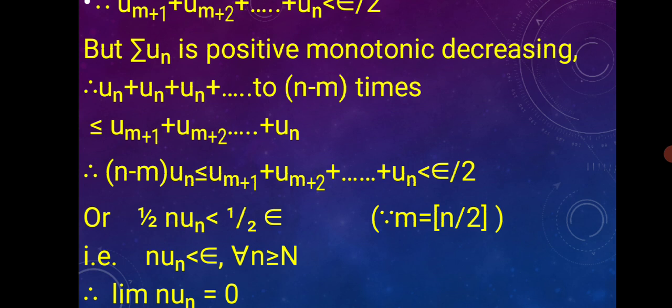Therefore, (n minus m) un is less than or equal to u(m+1) plus u(m+2) plus ... plus un, which is less than epsilon by 2, or 1 by 2 n un is less than 1 by 2 epsilon. Therefore, n un is less than epsilon for every n greater than or equal to capital N. Therefore, limit of n un equals 0.